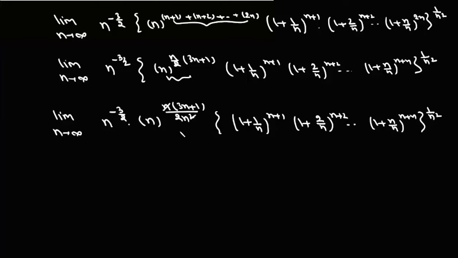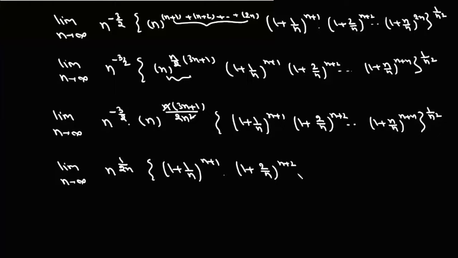Now if we take them together, we can write this as the limit n tends to infinity, minus 3n upon 2n, so there will be n to the power 1 by 2n. And here we'll have 1 plus 1 by n to the power n plus 1, 1 plus 2 by n to the power n plus 2, up to 1 plus n by n to the power n plus n, whole to the power 1 upon n square.